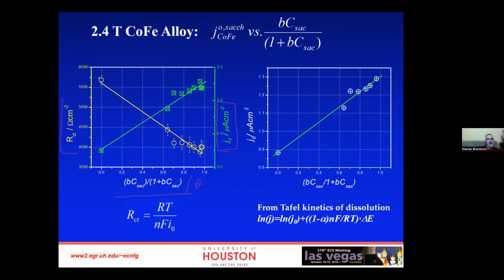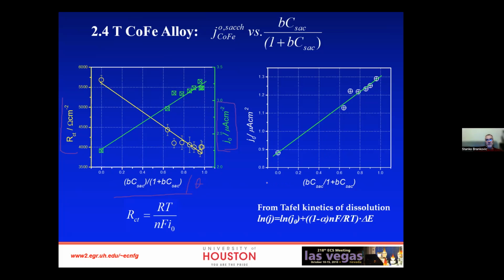Same thing here. It's just the same story, just the opposite parameter is the charge transfer resistance drops as you have more additive on the surface during the electrodeposition, and this charge transfer resistance is during the anodic dissolution of these films, right?